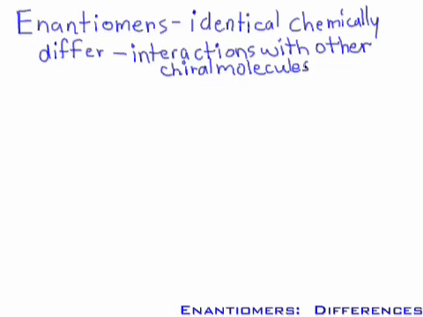If you put out your left hand as someone's putting out the right hand, you're going to have a hard time trying to shake hands. And so it makes sense by that analogy that enantiomers would have some differences in how they interact with other chiral molecules. And we'll talk more about that one later.